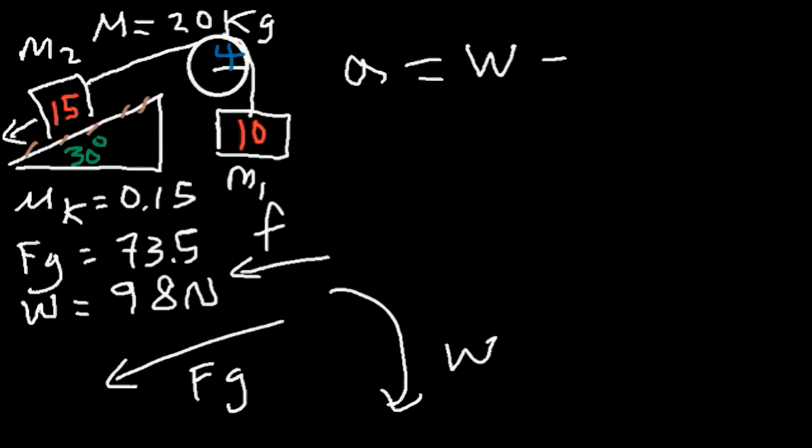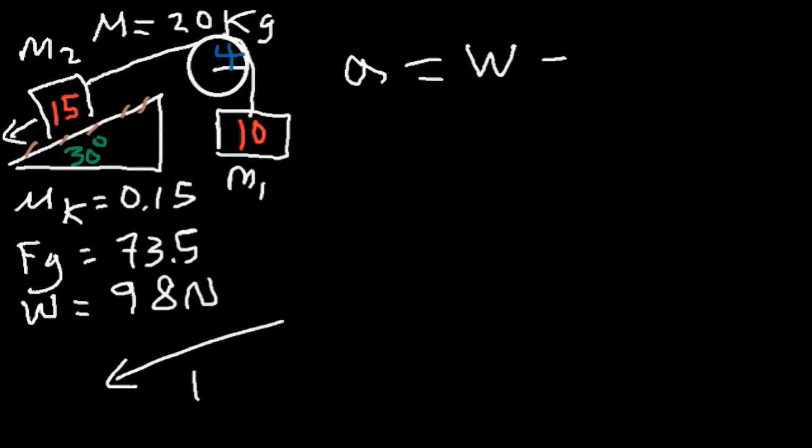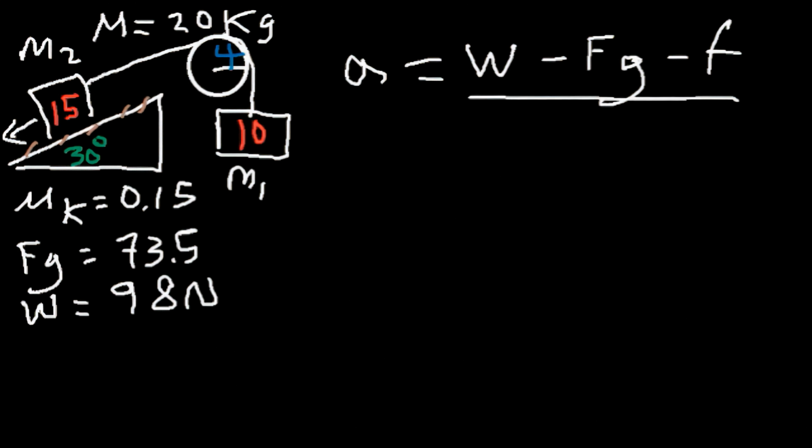So it's the weight force minus Fg minus the frictional force divided by the total mass, which is m1 plus m2 plus 1/2 the mass of the pulley.